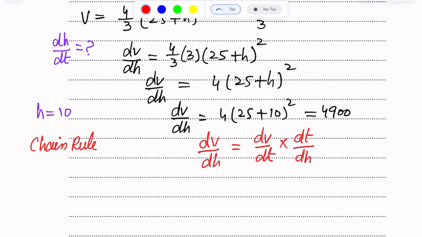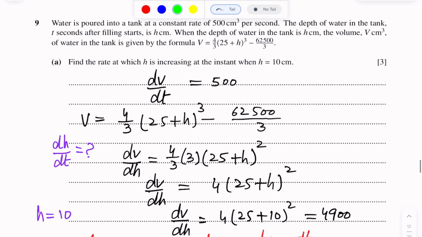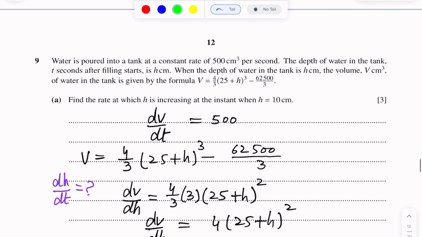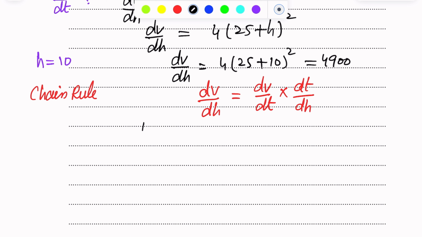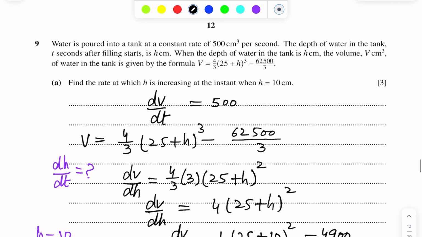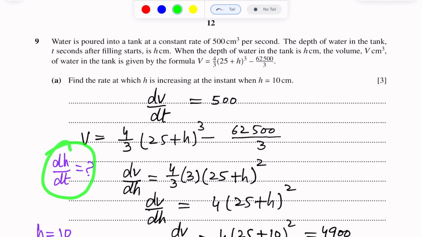Now putting the values of these differentials, dV over dh we have just found is 4900, and dV over dt is given, that is 500. dt over dh we have to find. Putting the values, 4900 is equal to 500 into dt over dh. But actually we have to find dh over dt.